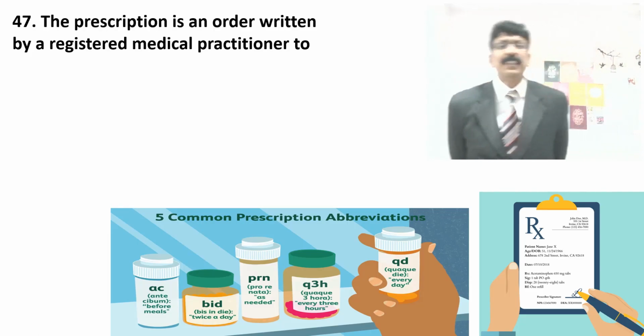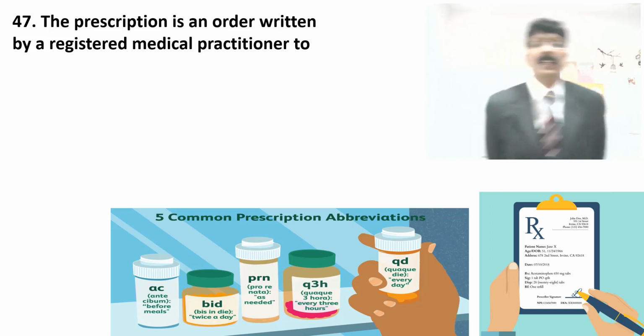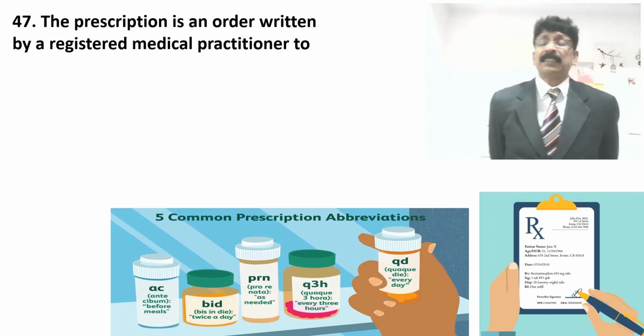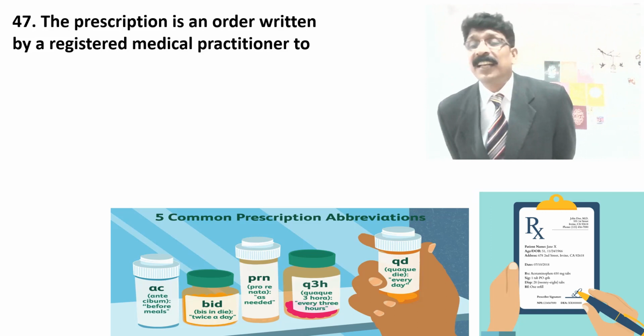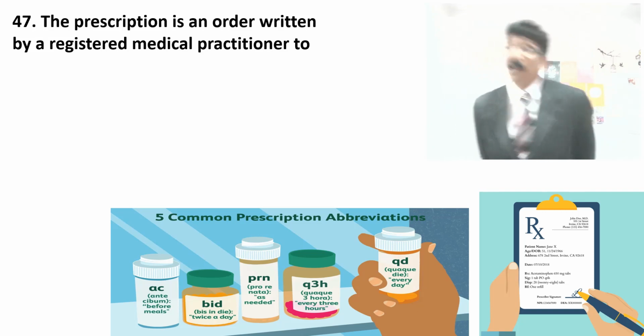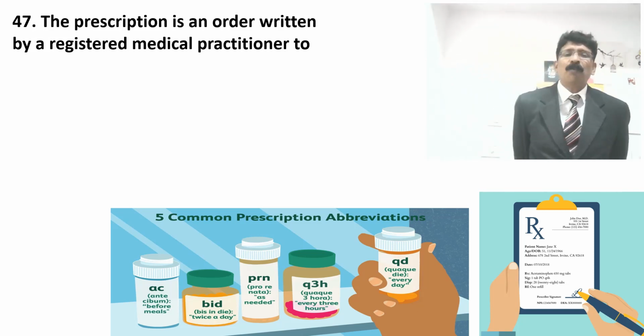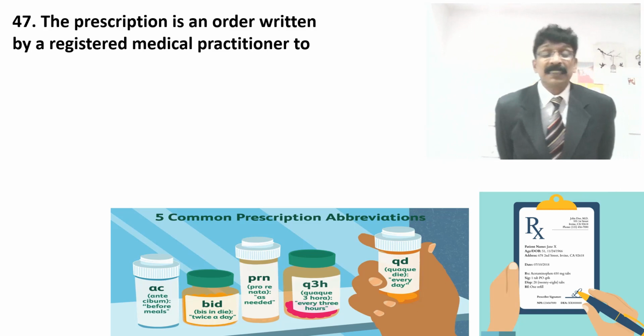So a prescription is an order written by the registered medical practitioner to whom? You say it is Rx given to the pharmacist. With no doubt you can write it. The common abbreviations have also been given; I have shown them here.